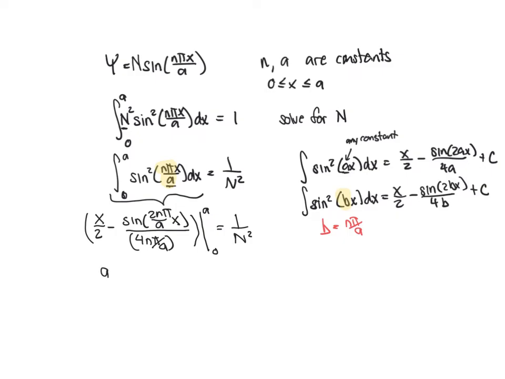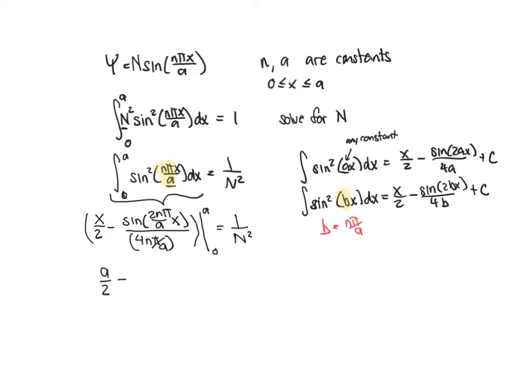Okay, so I'm going to plug a in for each x. So I have a over 2 minus, when I plug 0 in for x, that's a 0, so minus 0. Then I have minus, plug an a in for x, the a's cancel, and I have sine of 2n pi.